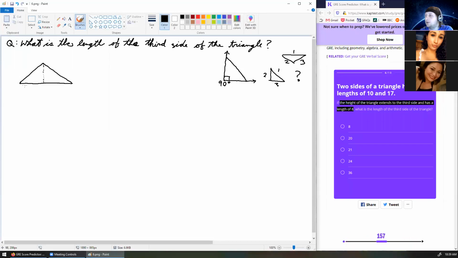So now we know what our triangle looks like. We know the short side is 10 and the long side is 17. And we know this height is 8. So now we know what the triangle looks like.